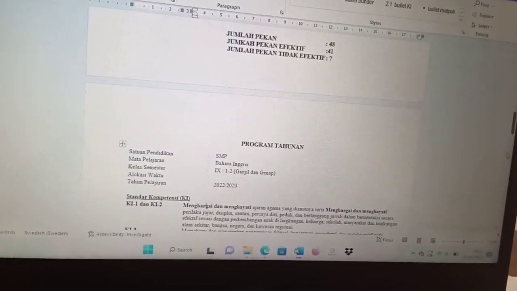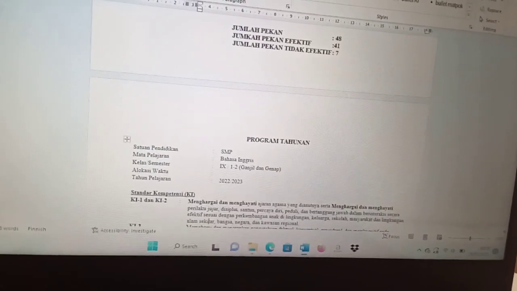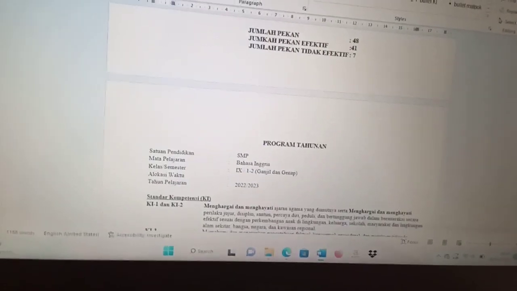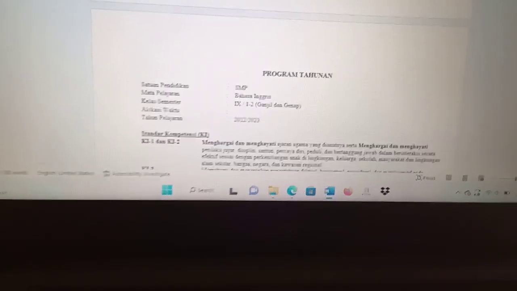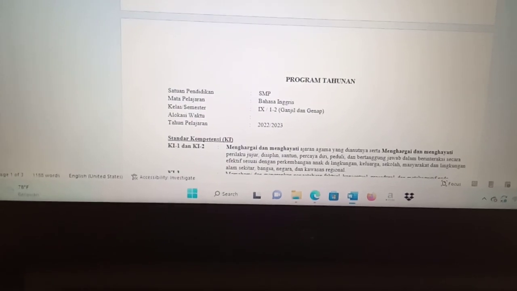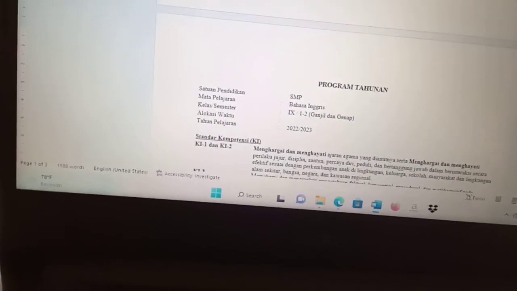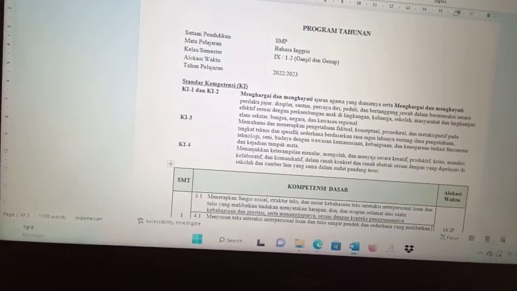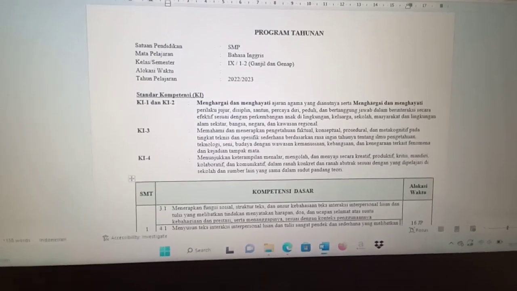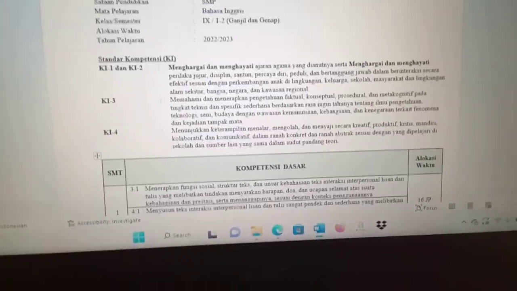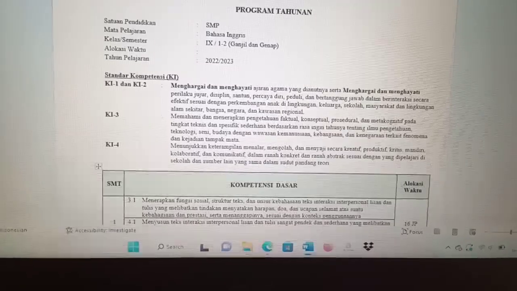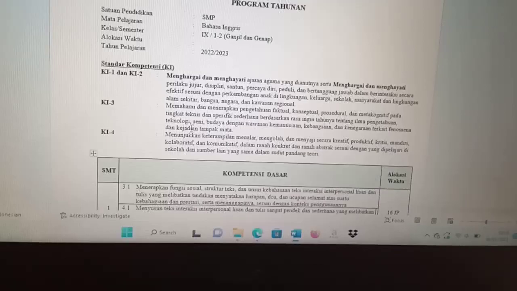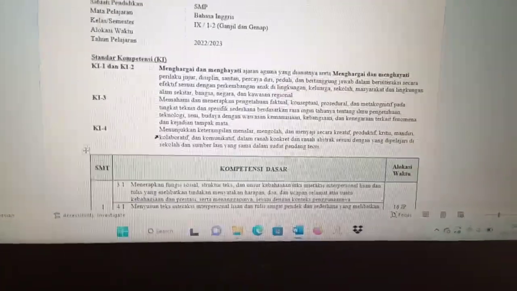So in our country, in the new curriculum, we use this annual program based on the standard competency, as it says in Indonesian. So the basic competence contains this from K1 to K4, as you can see here.